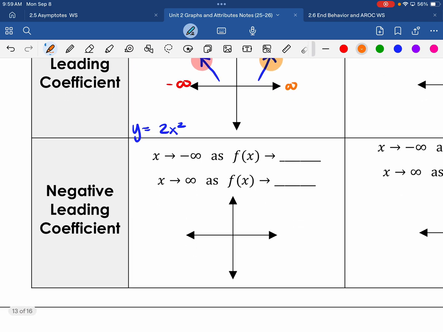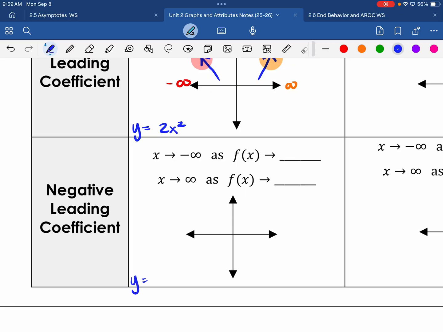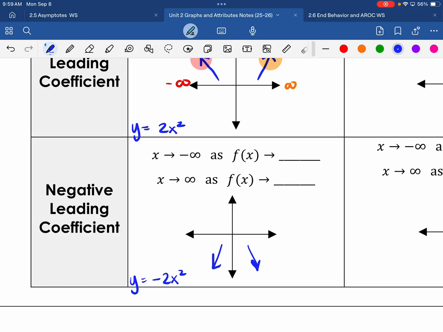Okay, so let's talk about same type situation, but with a negative leading coefficient. So say it was like negative 2x squared. Well, what happens to your quadratic when the front number's negative? It goes down. It flips over and it's a sad face, right? This guy is still the left side. This guy is still the right side.